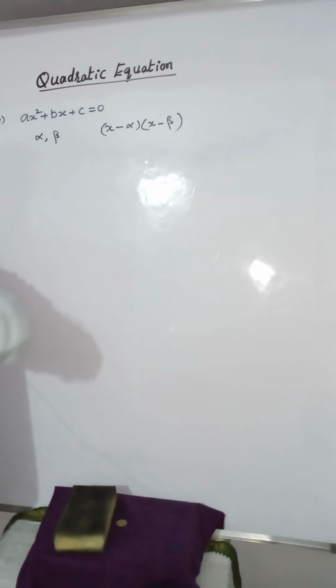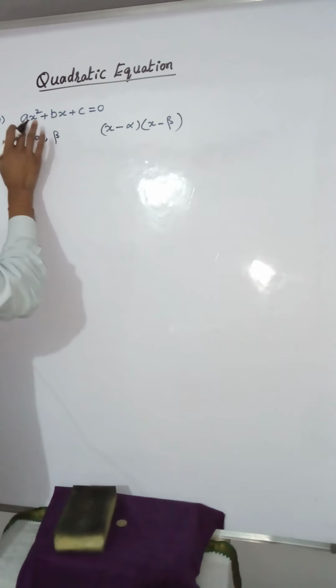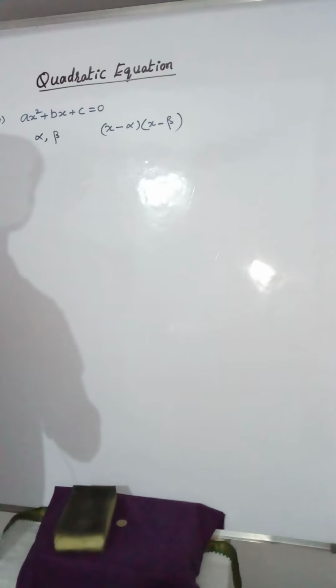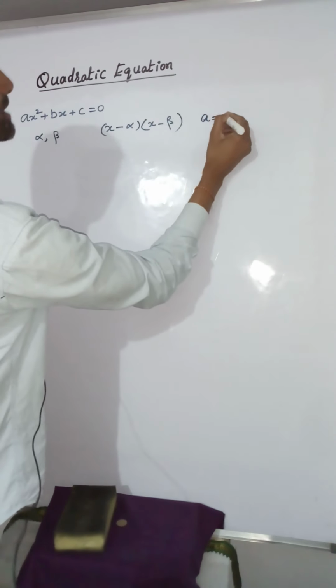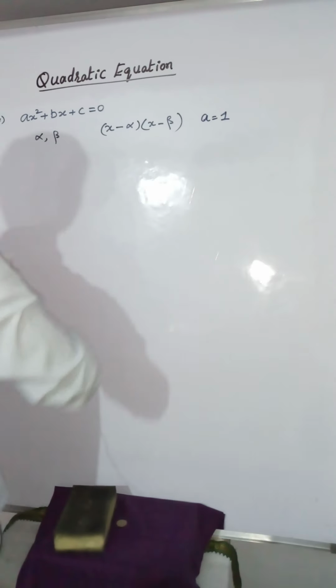See here, it is a monic polynomial only when the leading coefficient is equal to 1, meaning a is equal to 1. Then this can be satisfied.